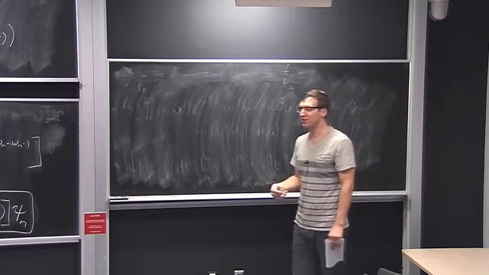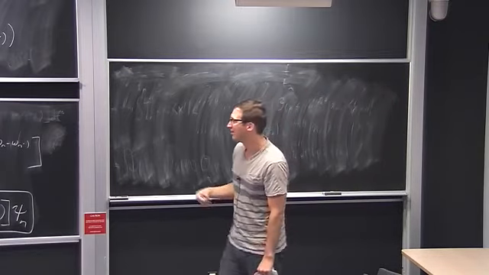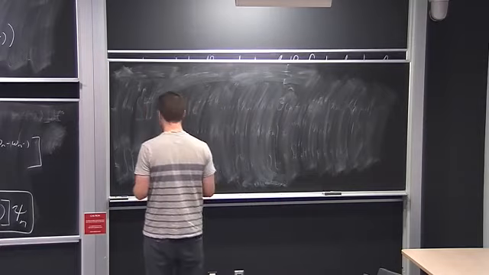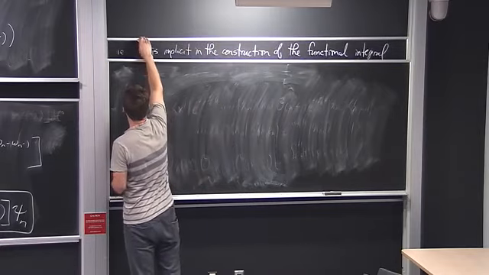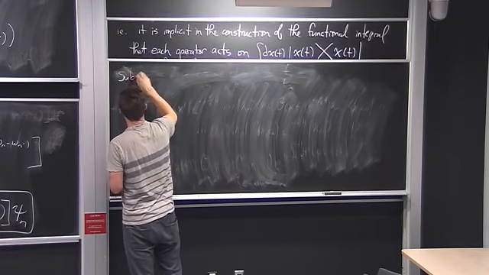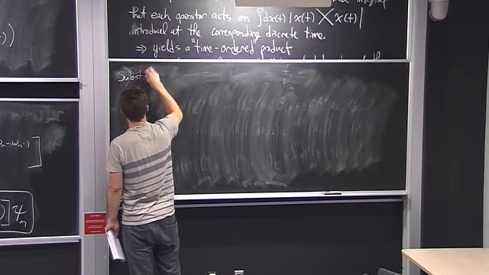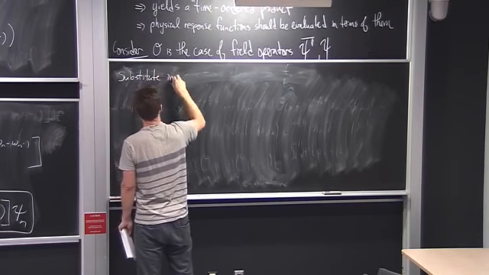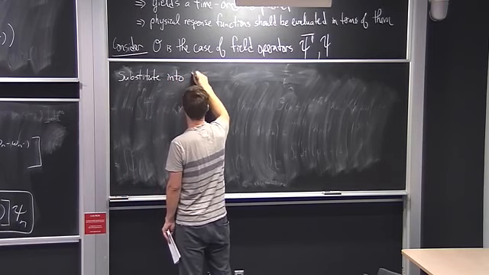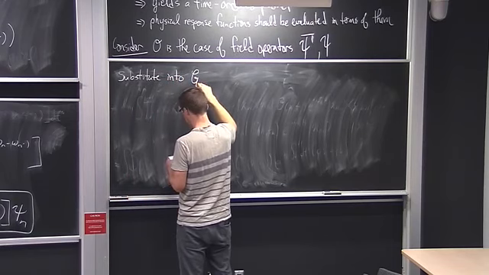In order to do that, you also have to Fourier transform the functional integral representation of the green function.